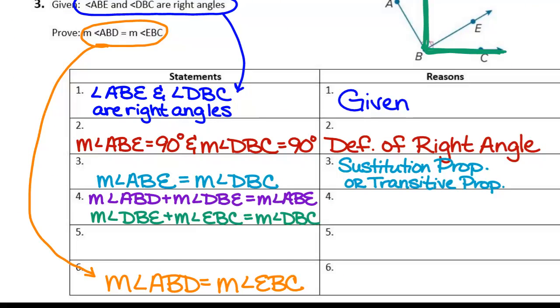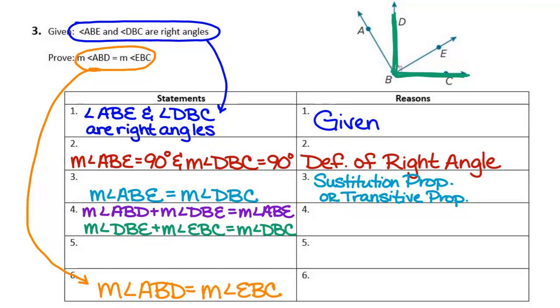Now I want to look at both of those statements. They use the exact same reasoning. I was taking two smaller angles, putting them together to make a larger angle. I want you guys to look at that red paper.